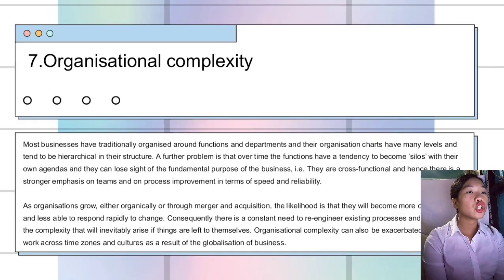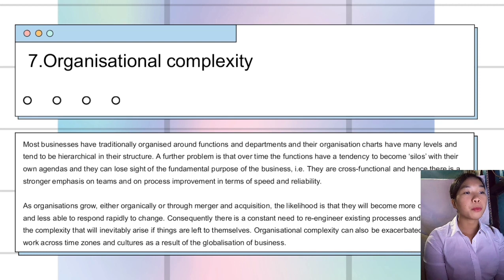Number 7. Organizational complexity. Most businesses have traditionally organized around functions and departments, and their organization charts have many levels and tend to be hierarchical in their structure.